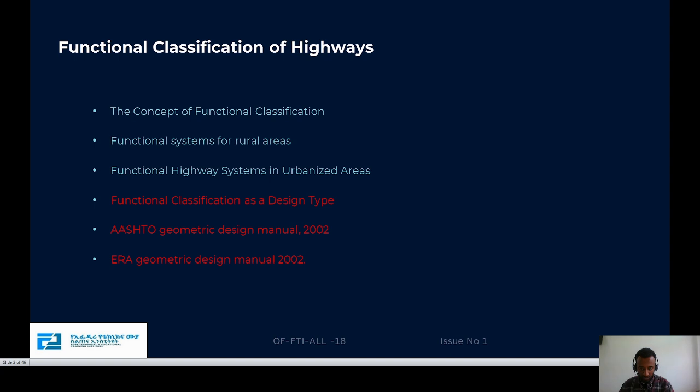The purpose of the roads can be for through movements, traveling from, for example, Addis Ababa to Kenya, Addis Ababa to Djibouti, Addis Ababa to Sudan. It is for through movements, and also local routes, for example, Addis Ababa to Bahir Dar, Addis Ababa to Dire Dawa, Addis Ababa to Mekelle.